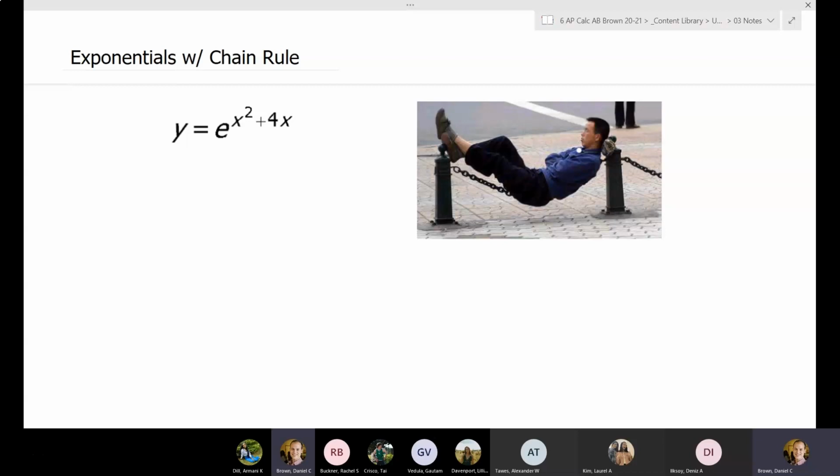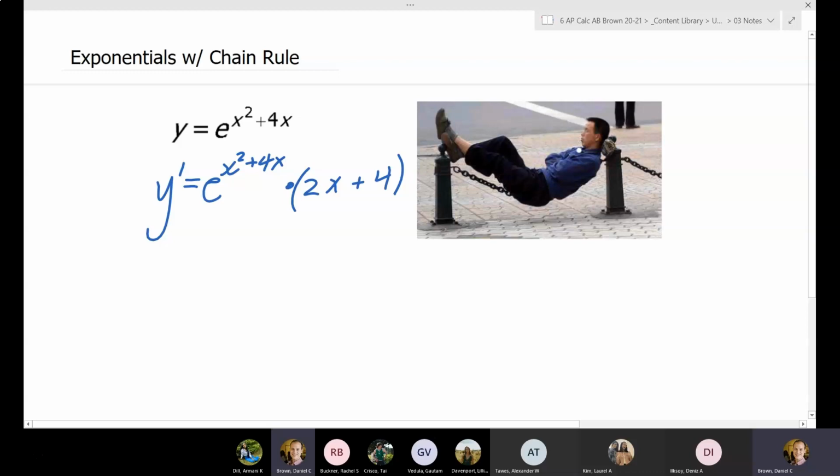The derivative of e to anything is just that same function, so I'm going to have e to the x squared plus 4x, and then times the derivative of the inside. The derivative of x squared is 2x, and the derivative of 4x is 4.